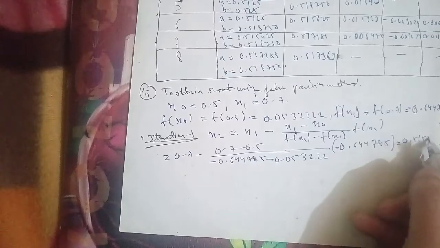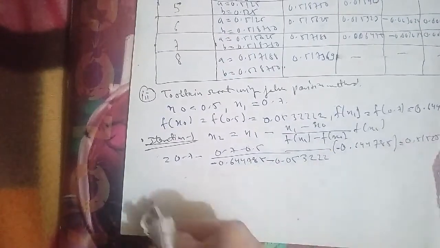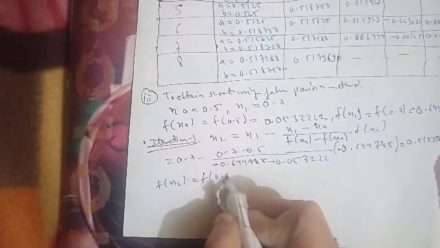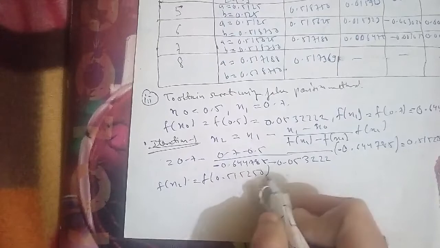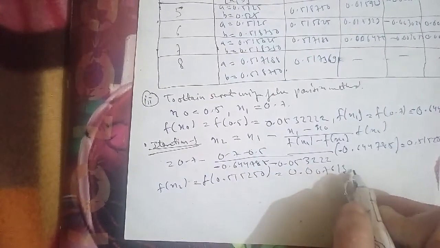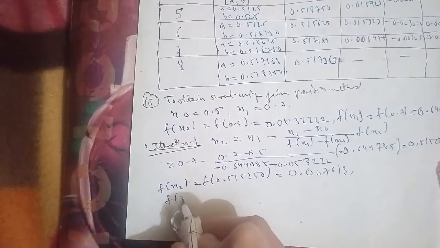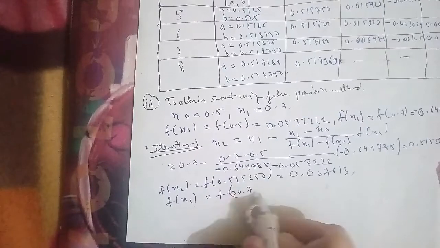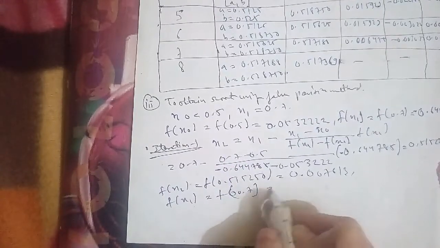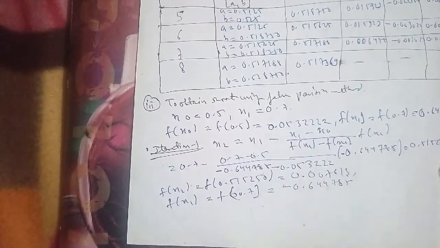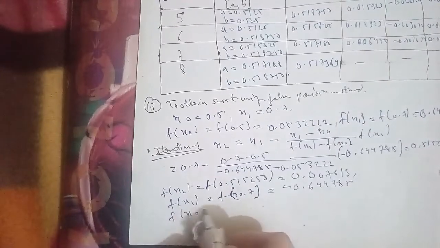f(x2) equals f of 0.515250. Now f(x1) equals f(0.7), which is minus 0.644785, and f(x0) equals f(0.5), 0.053222 here, as an answer.